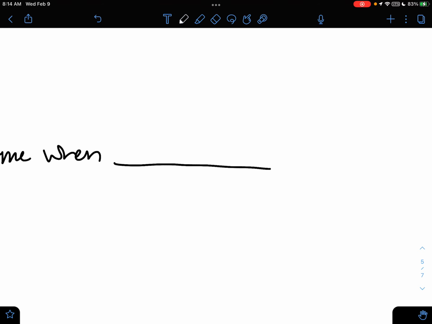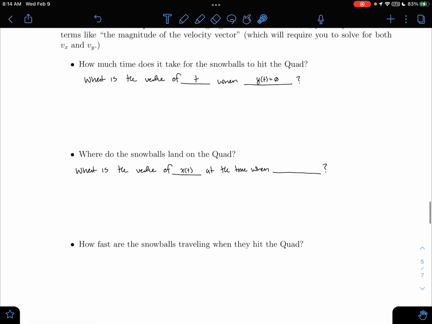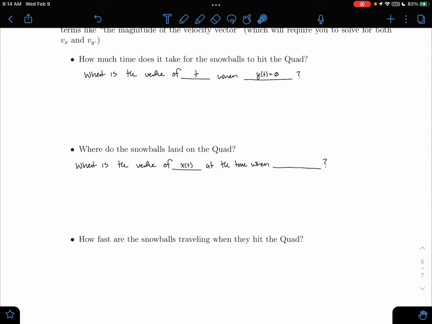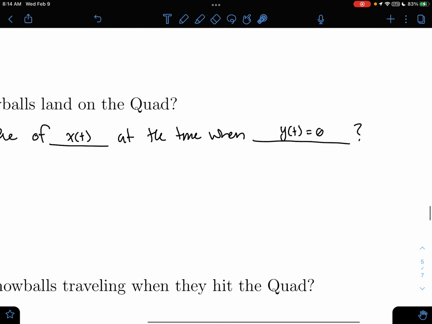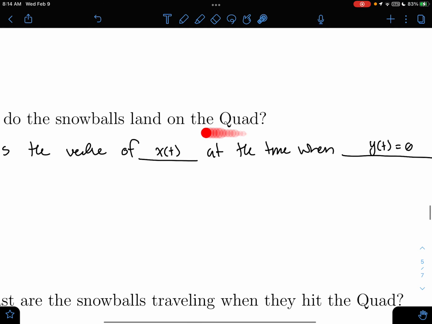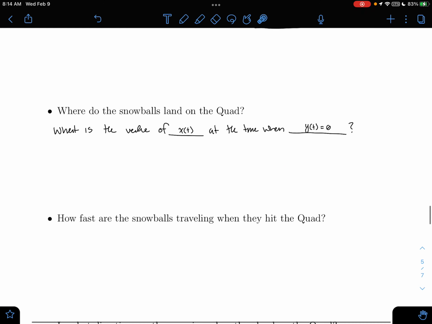It's our same final condition, when it's hitting the quad, landing on the quad. So we know that y of t is going to equal 0. That is our final condition. So what's the value of x of t at the time when y of t equals 0?